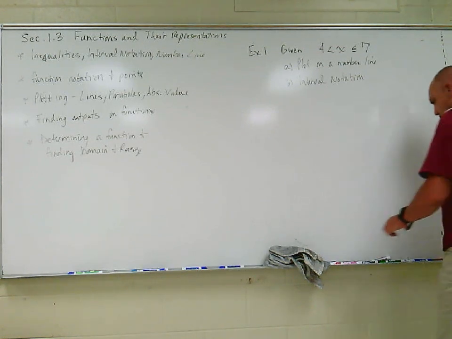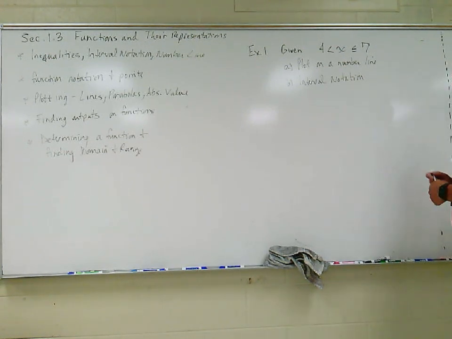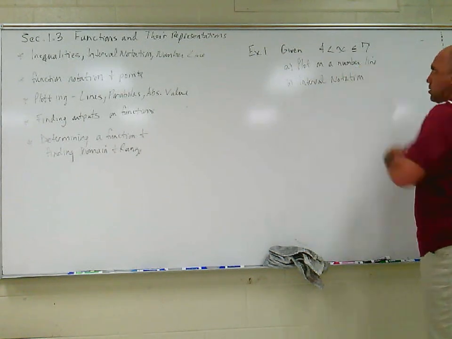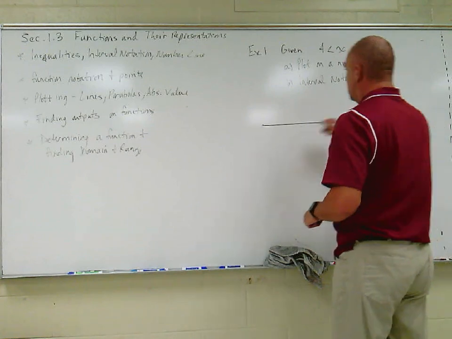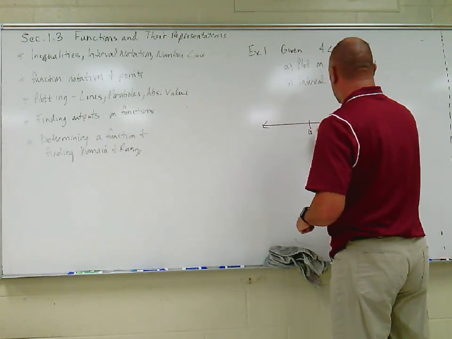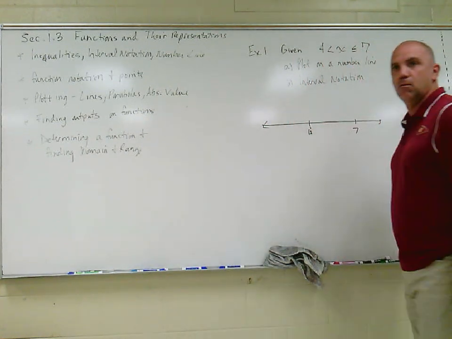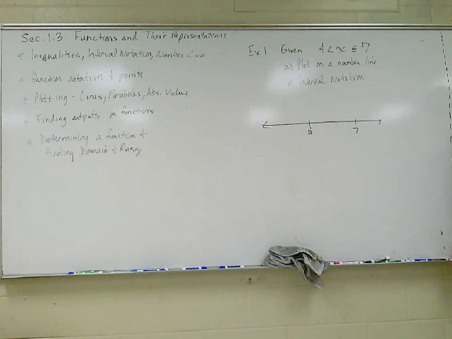So let's first get started. What would this look like on a number line? Well, this would mean greater than 4 and less than or equal to 7. Now, what do you typically put on a number line if it's greater than or less than? If it's not equal to, you would put it open.